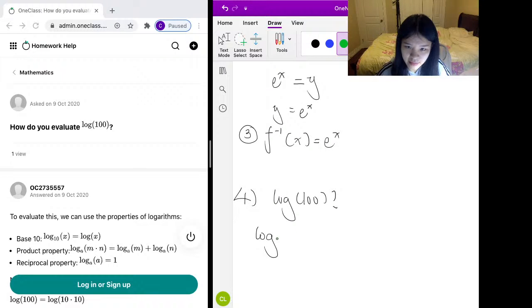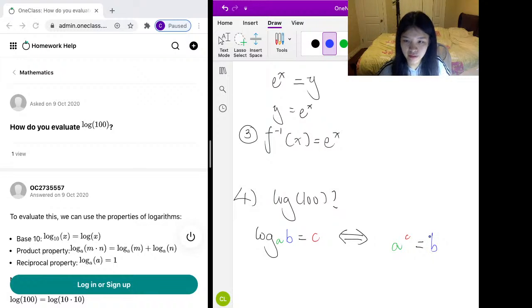So our log rule is log base a of b equals c. It's the equivalent of a to the power of c equals b.